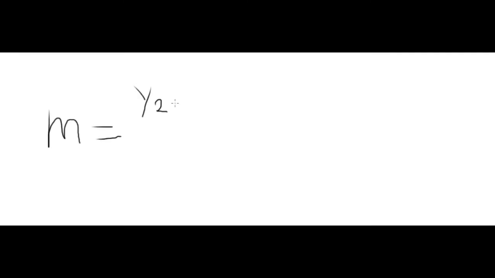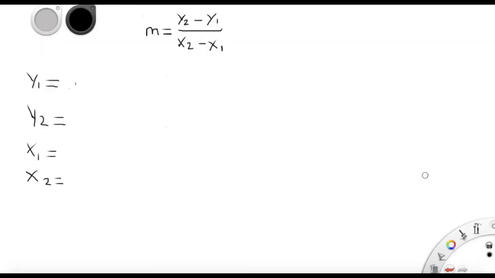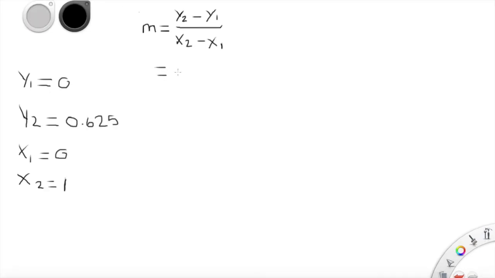To calculate the slope, we use the formula m is equal to y2 minus y1 all over x2 minus x1. Let's start by calculating the slope between the points 0, 0 and 1, 0.625.